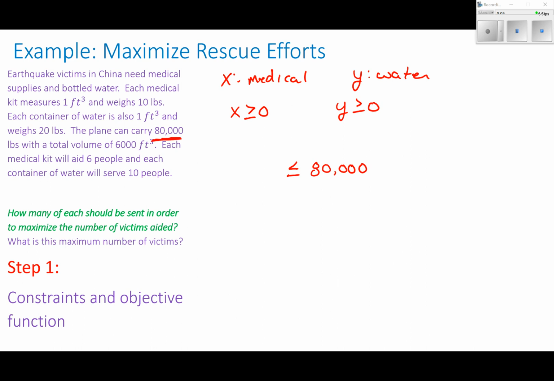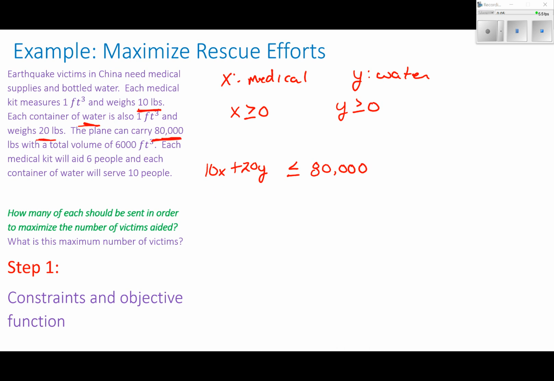Well, each medical kit weighs 10 pounds, and so I can say that's 10x, and each container of water, that whole kit is going to weigh 20 pounds. So 10x plus 20y, only working in pounds, has to be less than or equal to 80,000.